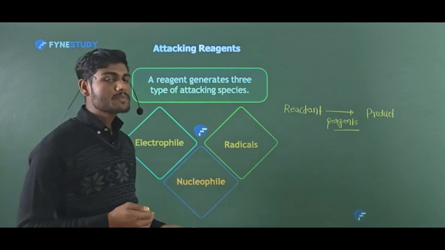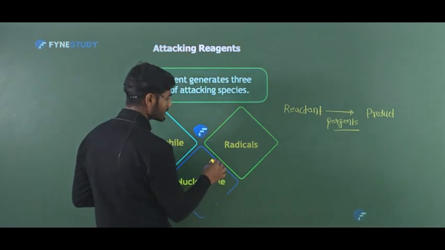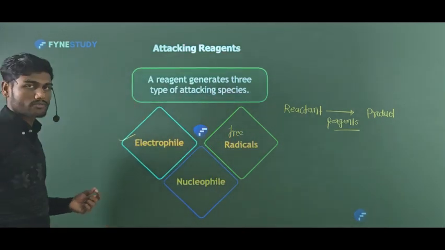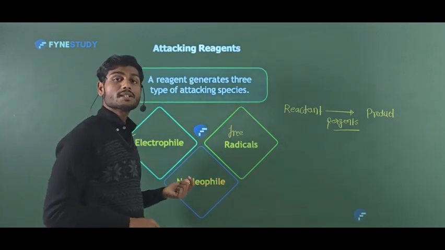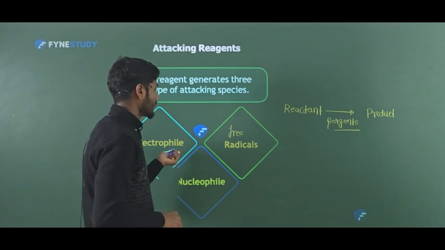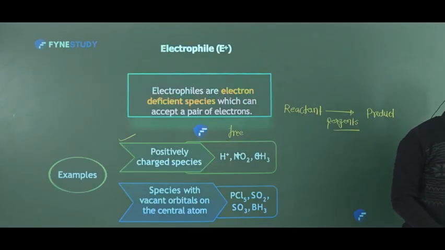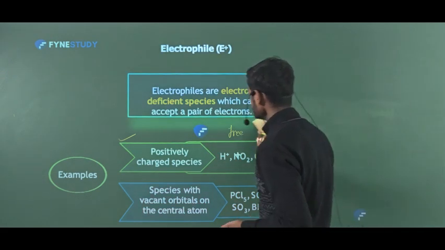There are three types of attacking reagent: one is electrophile, another is free radical, and nucleophile. So we'll understand what electrophile, nucleophile, and free radical are. So what is an electrophile?